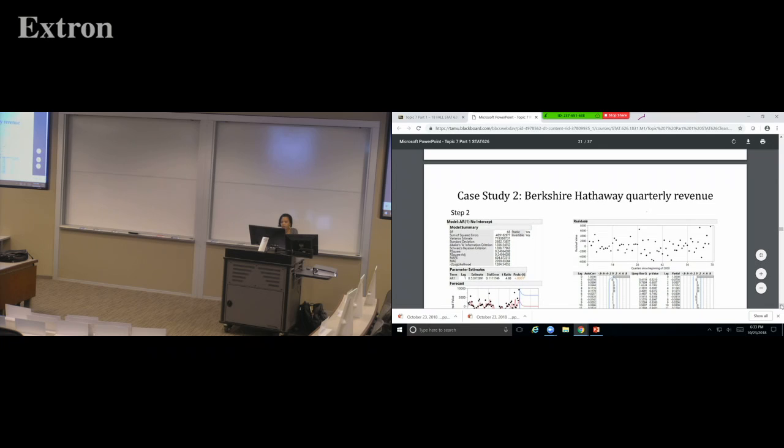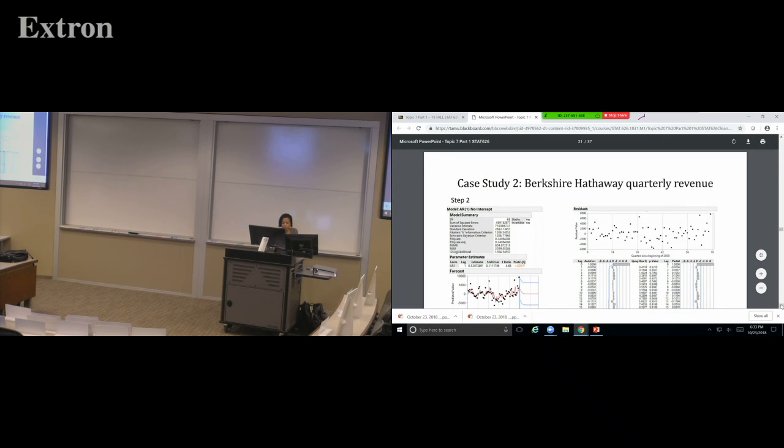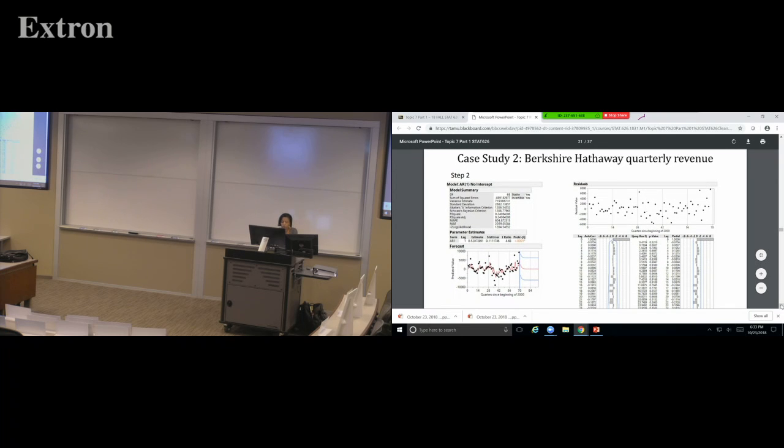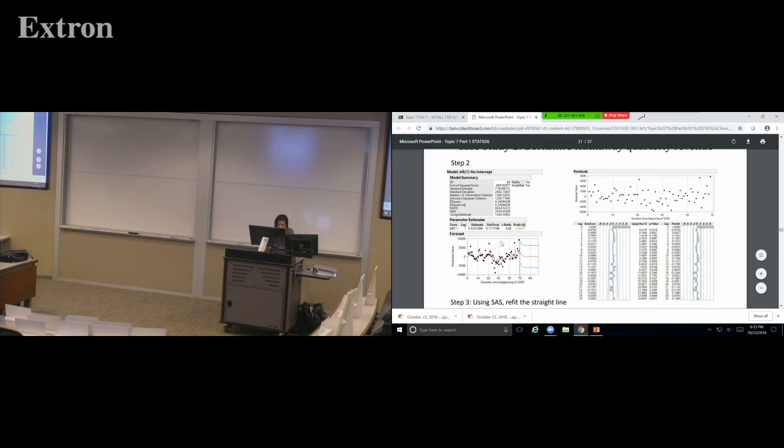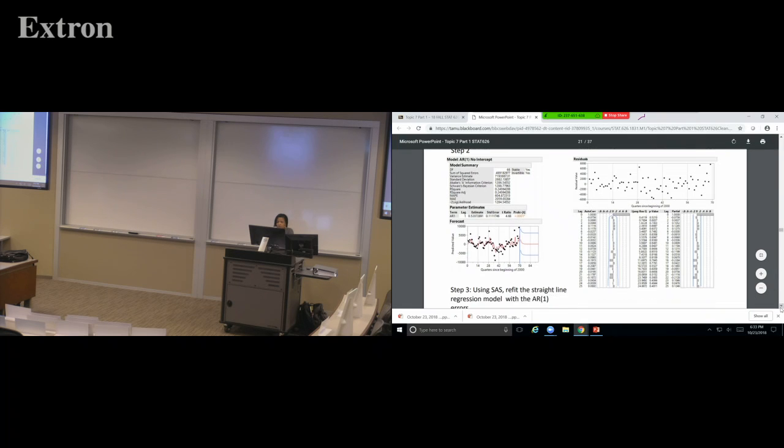All right. The goal now is we're going to model the regression residuals as an AR1, and those resulting residuals you can see here. So this is our second step, where we fit the regression to the model, and then use SAS to refit the straight line regression model with the AR1.